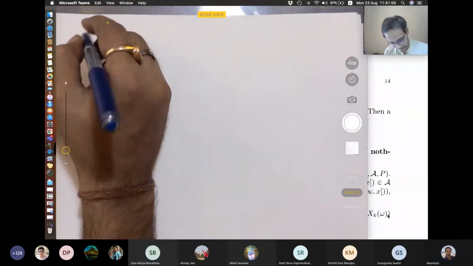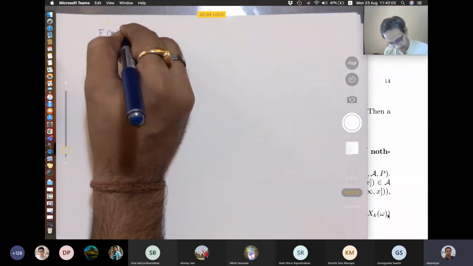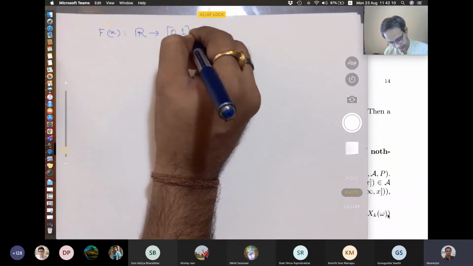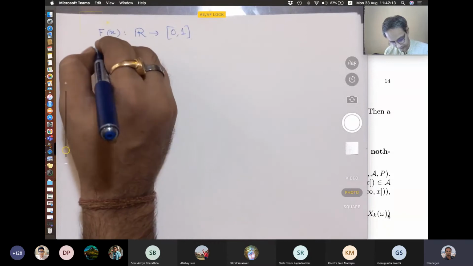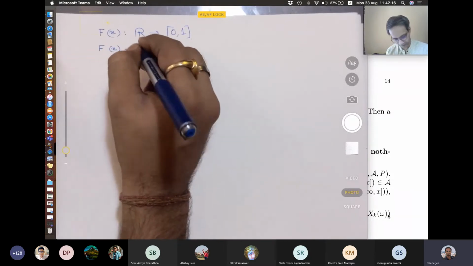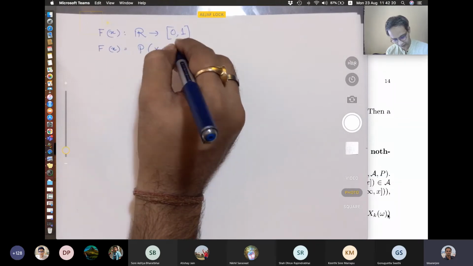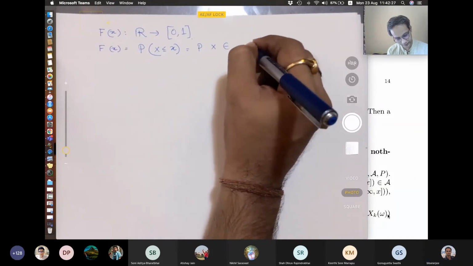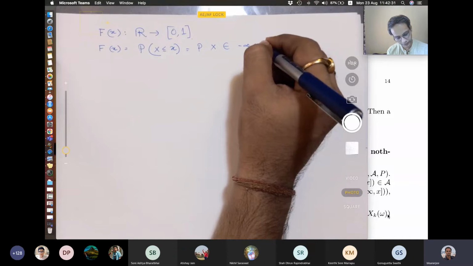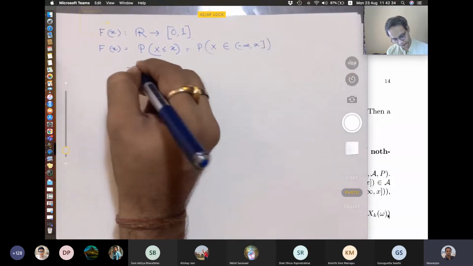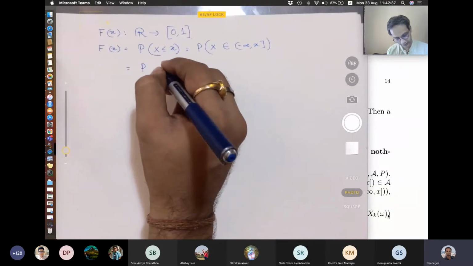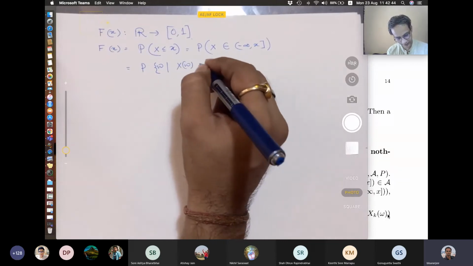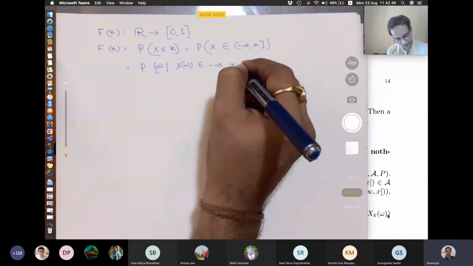So this is the function F_X, mapping from the real numbers to 0 to 1, and the definition is F_X(x) equals probability X less than or equal to small x, which is the probability of the collection of all omega such that X of omega belongs to minus infinity to small x.